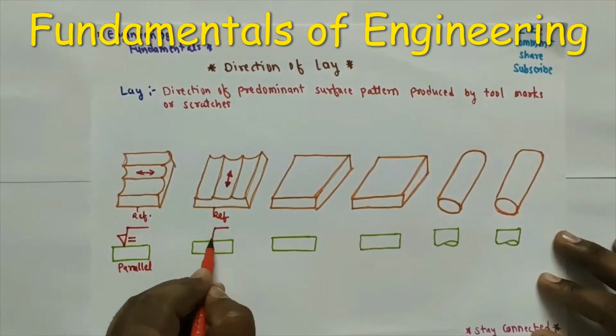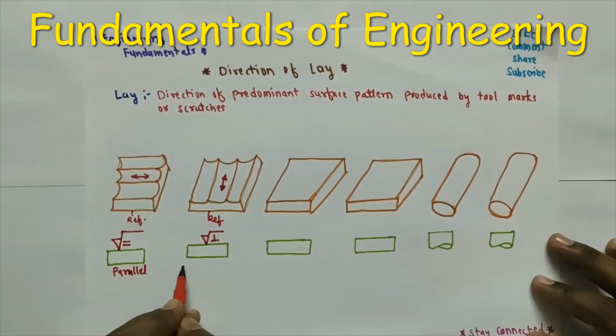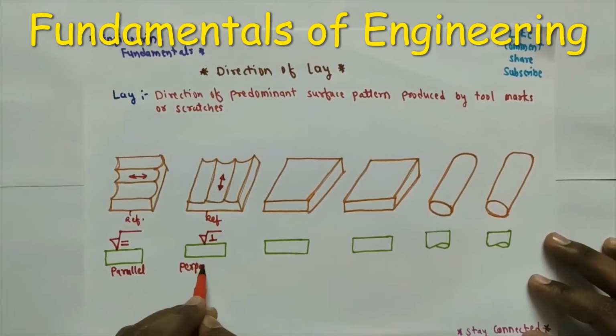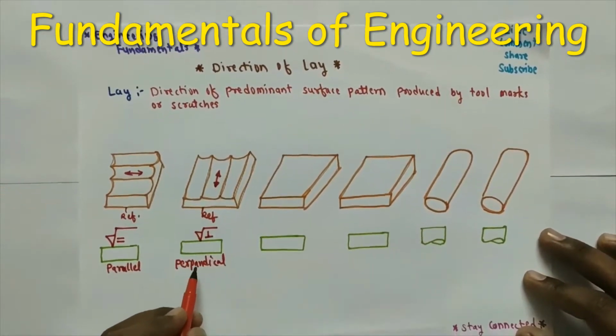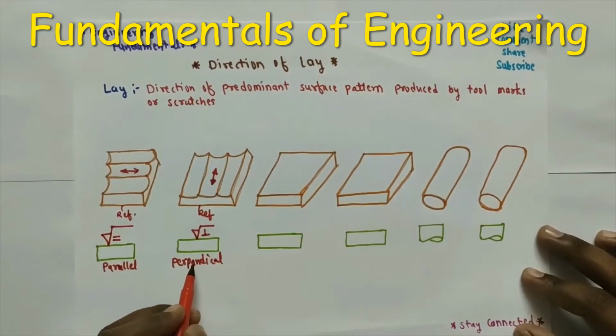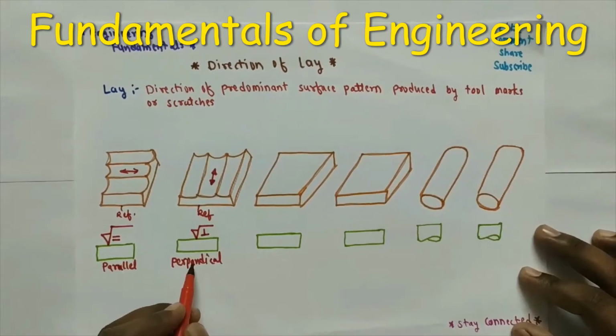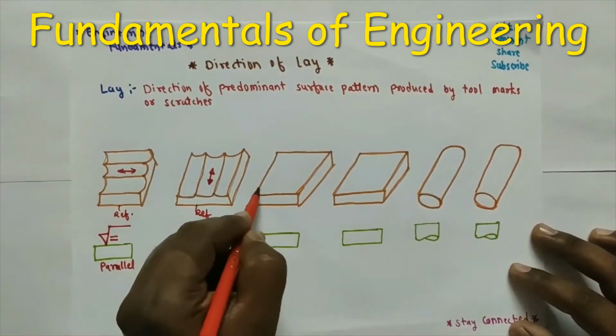In symbolic representation we note down the perpendicular lay this way. This type of lay surface we get at the end view of shaping, longitudinal view of turning and outer diameter grinding.